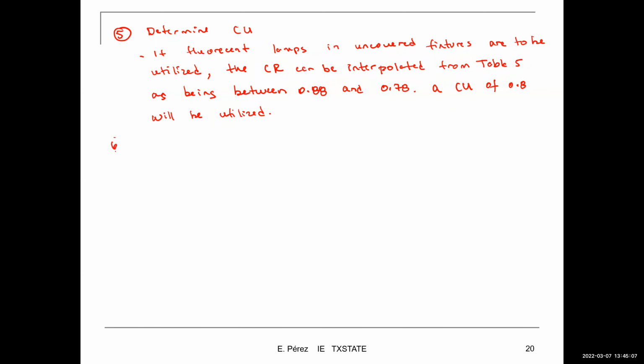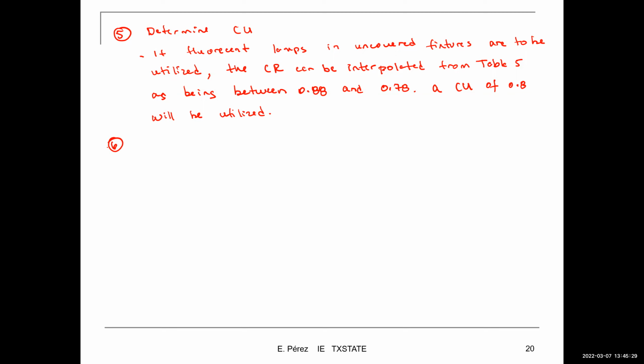Step 6. Determine the light loss factor for fluorescent lamps in uncovered fixtures in a medium dirty environment that are cleaned every 24 months. A lamp luminary dirt depreciation factor of 0.85 may be obtained from table 7.